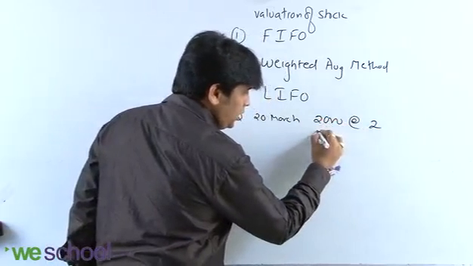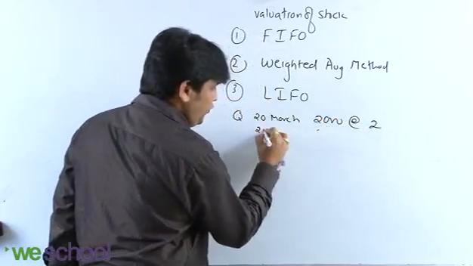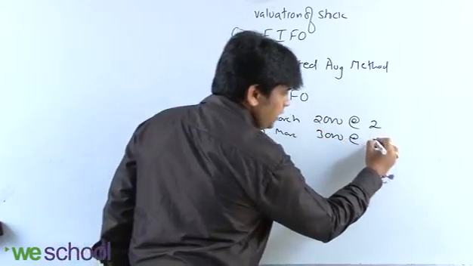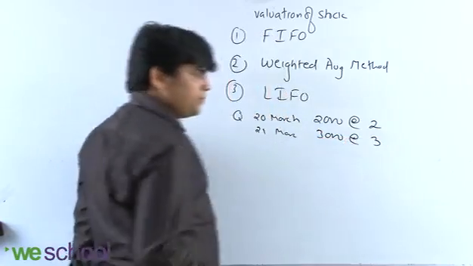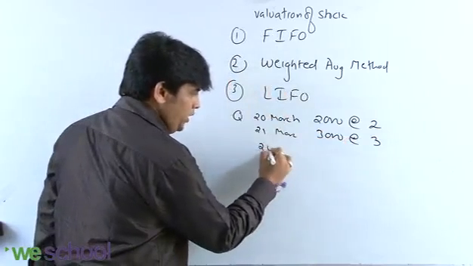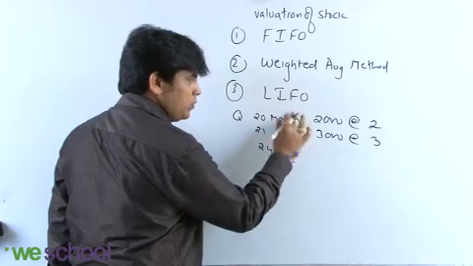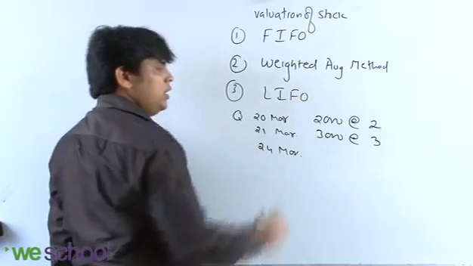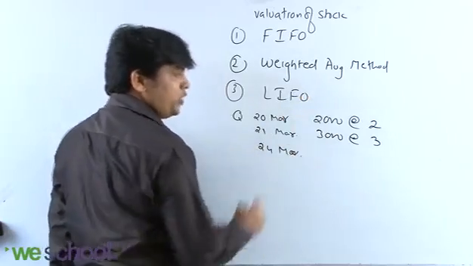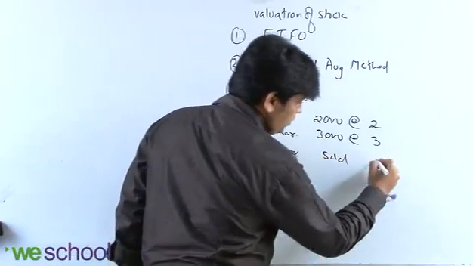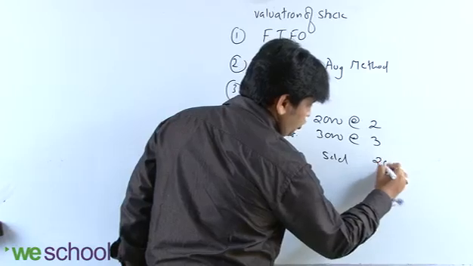On 21st March, 3,000 at the rate of 3 rupees. On 24th March, sold 2,000 units.